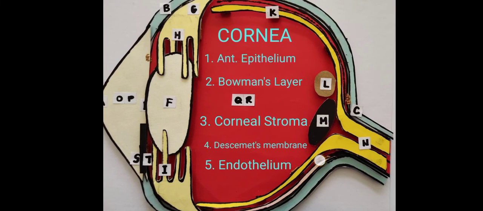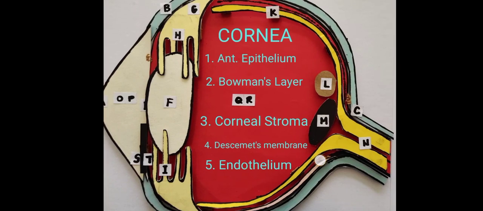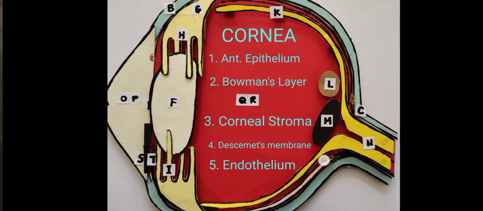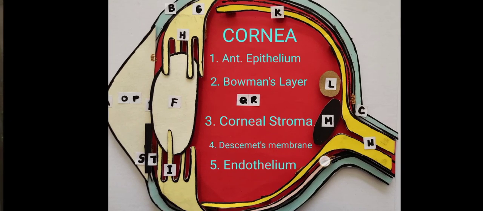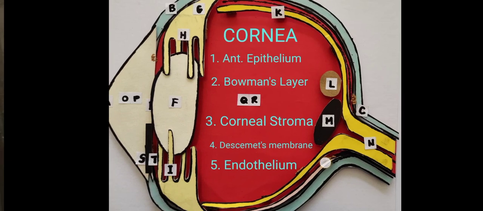The first layer is the anterior epithelium. The anterior epithelium is the anteriormost layer of the cornea. Its main characteristic is that it can heal itself very fast.